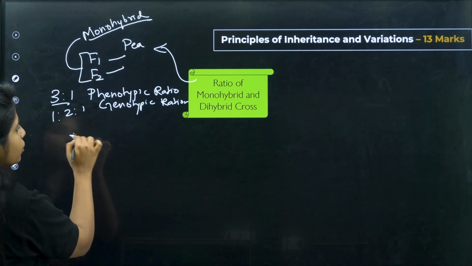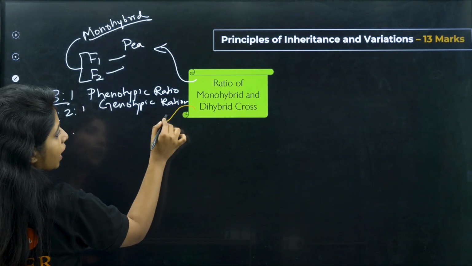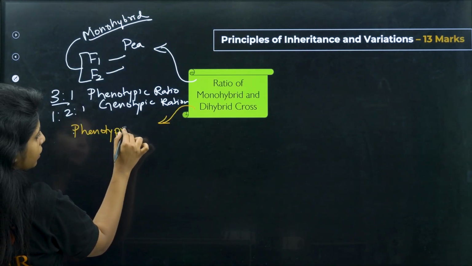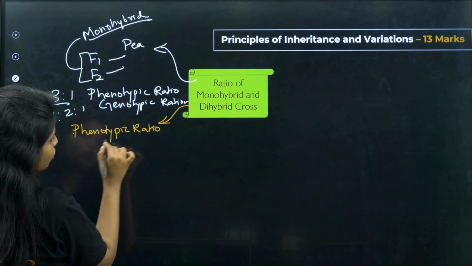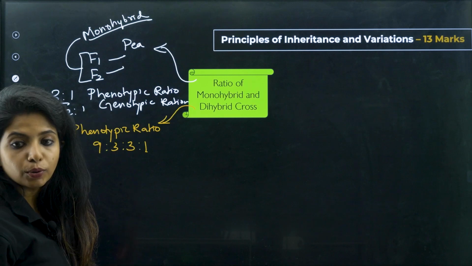Similarly, you will be having the phenotypic ratio of the dihybrid cross also. Over here it is 9:3:1. That is the phenotypic ratio.